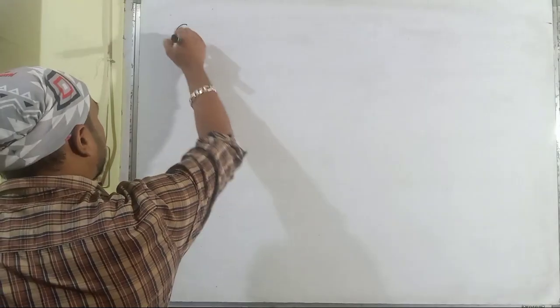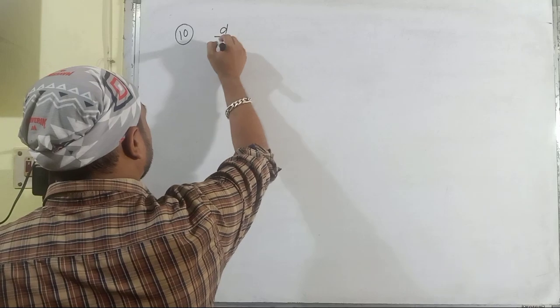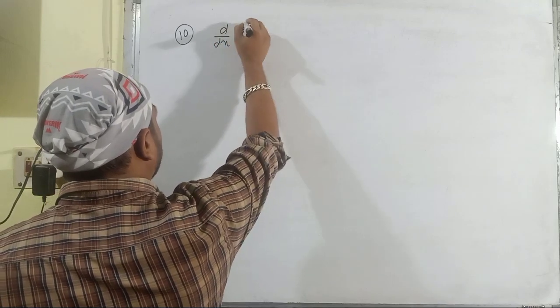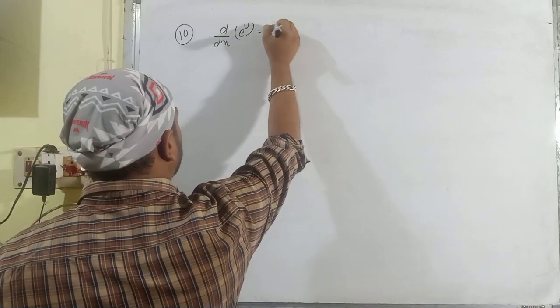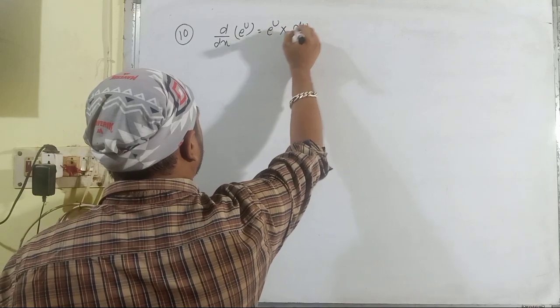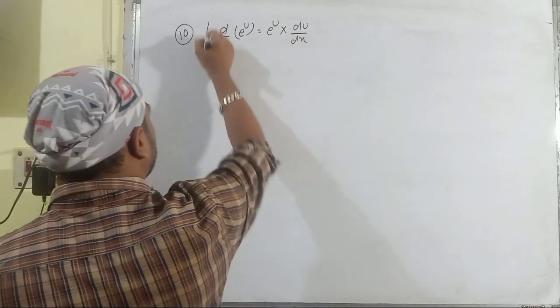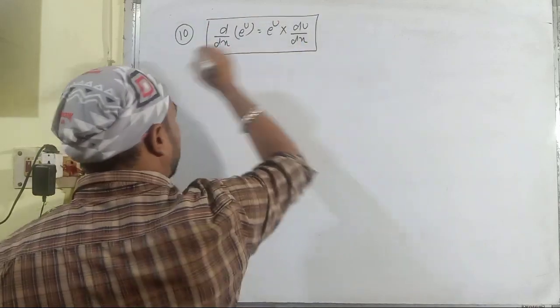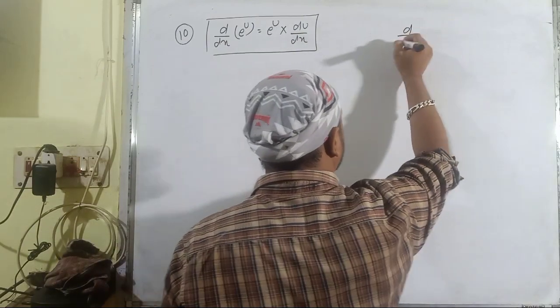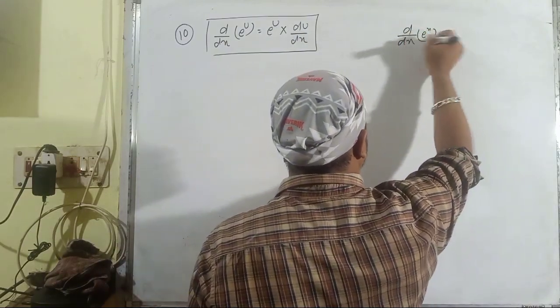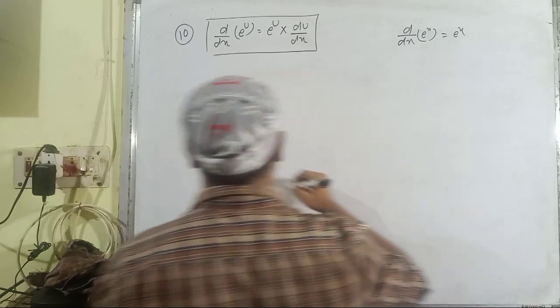Here is the formula number 10: differentiation of e to the power u is e to the power u multiplied with the differentiation of u with respect to x. Previously we know that differentiation of e to the power x is e to the power x.